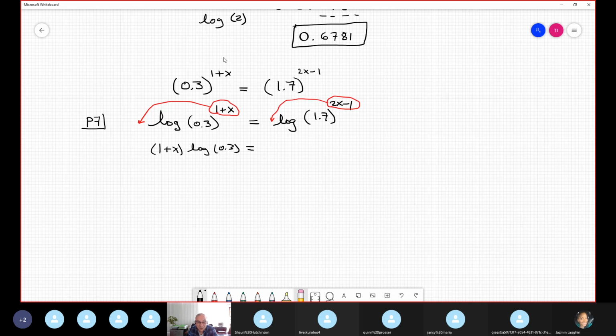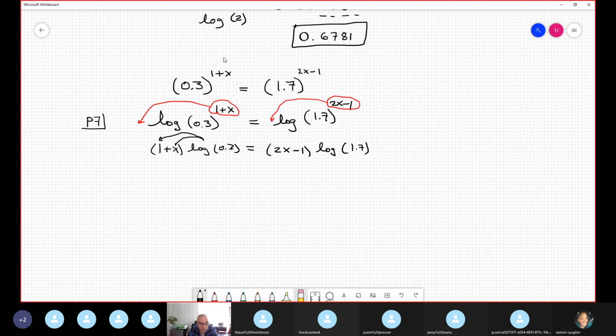It's a weird number, it's irrational. Normally, the answer for the logarithm is not a multiple or power of the base 10, so it's irrational. Here is 2x minus 1 multiplication by log 1.7. Okay, at this moment I guarantee you that this is a linear equation, not exponential equation anymore. And you proceed exactly the same as we do in intermediate.